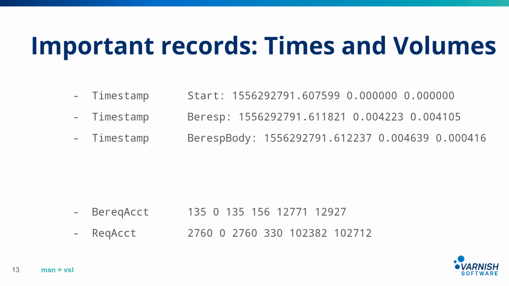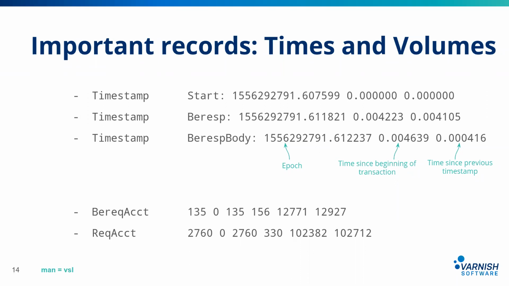BERESP body is the backend response body, and it's when we got the last byte of the response. The first number is the absolute time of the timestamp, and the second one, which is usually the one you want because it's the most useful metric, is the time since the beginning of the transaction.